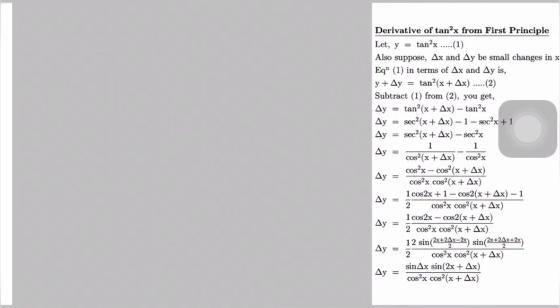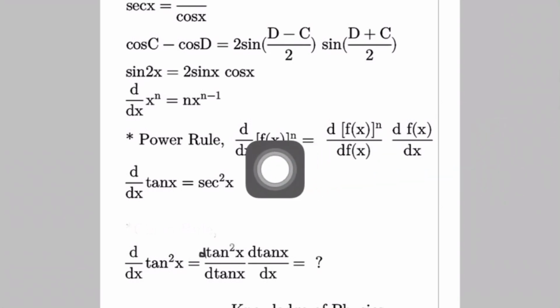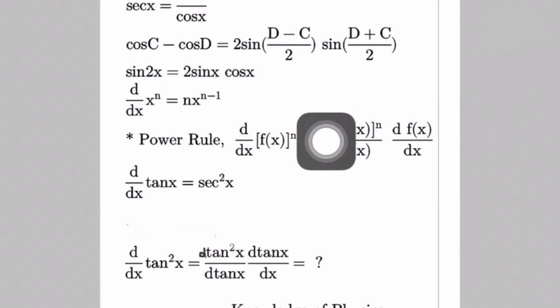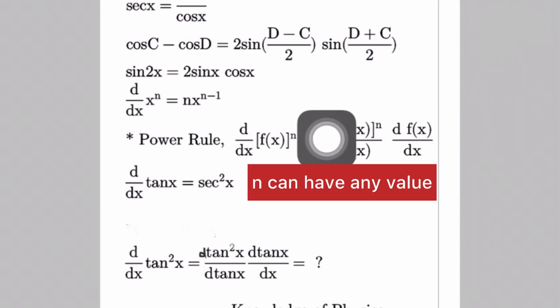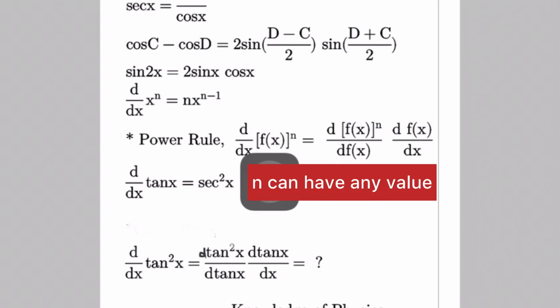I have already told you power rule is used in such a situation where you are provided the function with its power n or any other integer. The power rule means the derivative of the function f of x to the power n with respect to x.